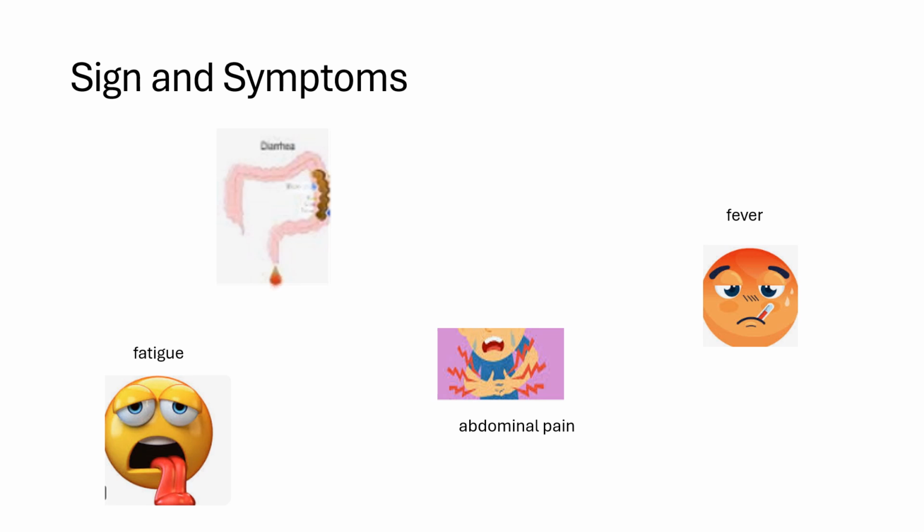The signs and symptoms of ulcerative colitis, some of them are similar to Crohn's disease. So the same in ulcerative colitis, you would see that the patient comes and complains about abdominal pain. They say that they have had constant abdominal pain for a few days or for a while. But the place where abdominal pain happens in ulcerative colitis and Crohn's disease is different.